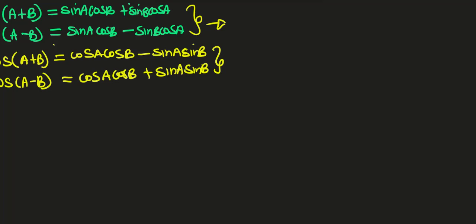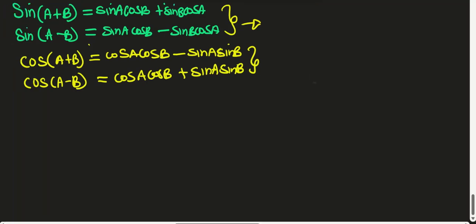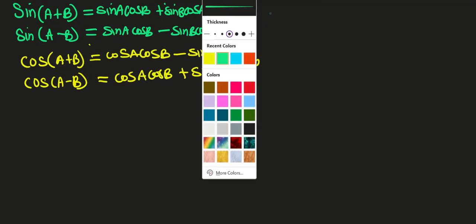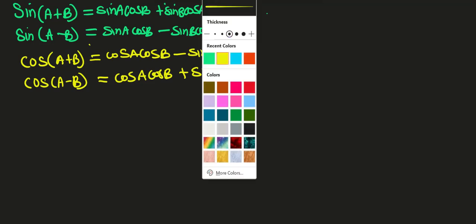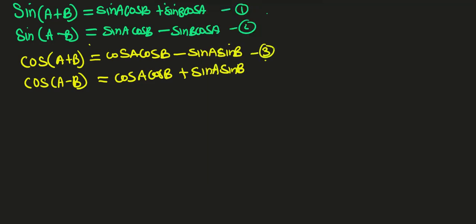To do that, we create simplified identities which we could use for an overcomplicated case. Let me name these equation 1, equation 2, equation 3, equation 4.